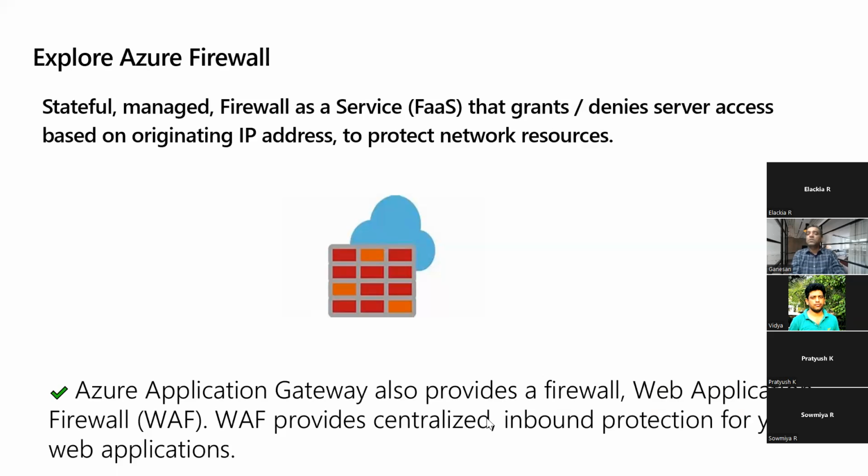If the question comes for a web application, they will ask about inbound and outbound protection for your web application, then you need to choose the answer web application firewall. But overall, firewall means it protects your resources.